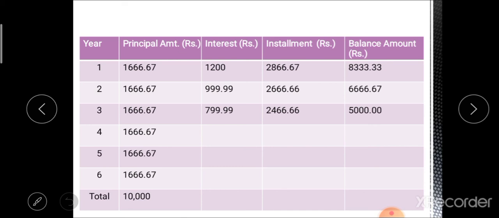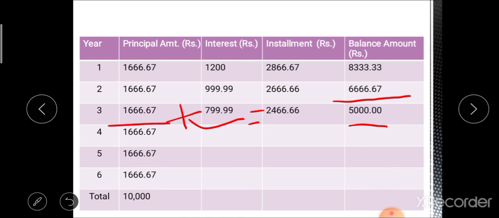For the third year calculate the interest amount on 6,666.67 into 12 divided by 100, we get the interest of the third year. Then interest plus principal, we get the installment amount, and for the remaining balance for the third year, subtract this 1,666.67 from this 6,666.67.